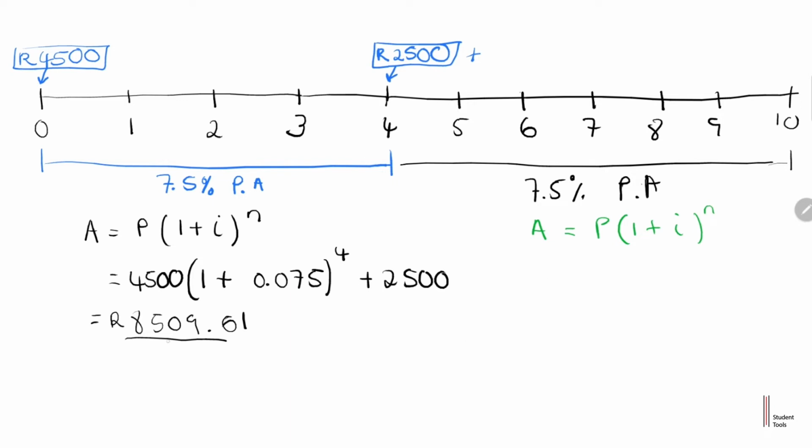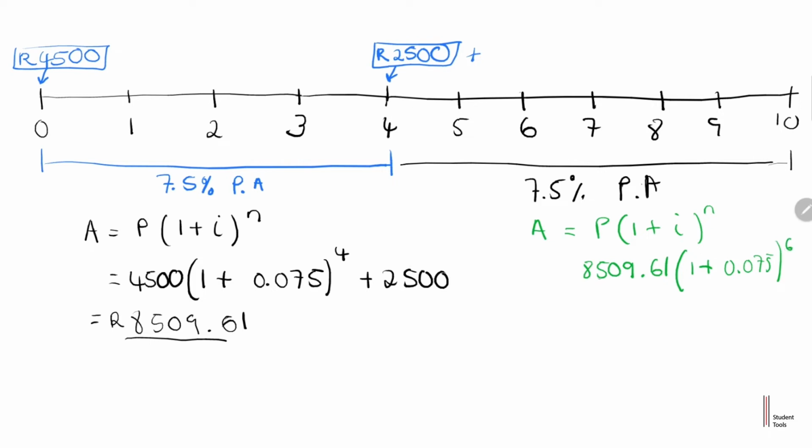So we have our principal value, which is 8,509 and 61 cents. So that's our principal value or amount. So we'll multiply that with 1 plus the interest, which is 0.075. And all that is to the power, how many years? 6 years.